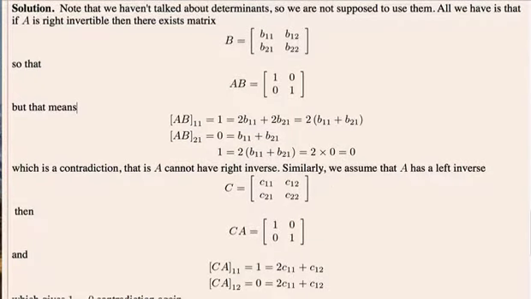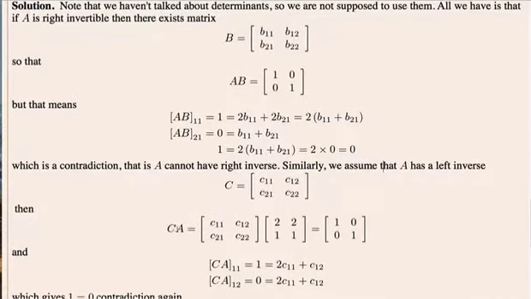Very similarly, if you assume that A has a left inverse C, denoted by C11, C12, C21, C22, then if you multiply out C times A, the 1,1 entry, which is supposed to be 1, is 2 C11 plus 1 C12.